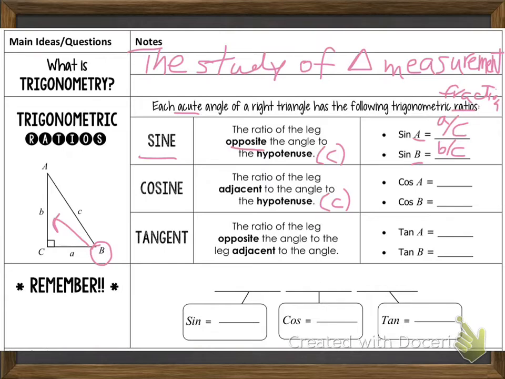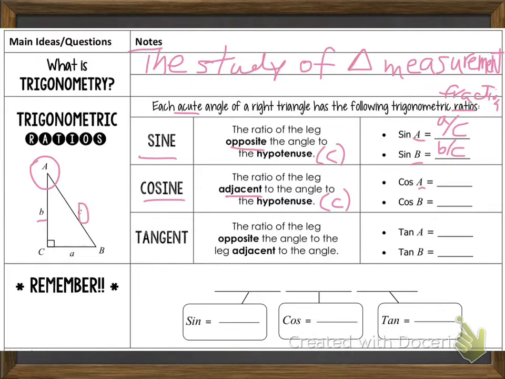So, moving on to the next topic, which is cosine. Cosine is the ratio of the leg adjacent to the angle to the hypotenuse. Adjacent means it's next to. So if we're talking about the cosine of A, so angle A, we want the one adjacent. So in this case, it's actually the lowercase b, since that is what's next to it.